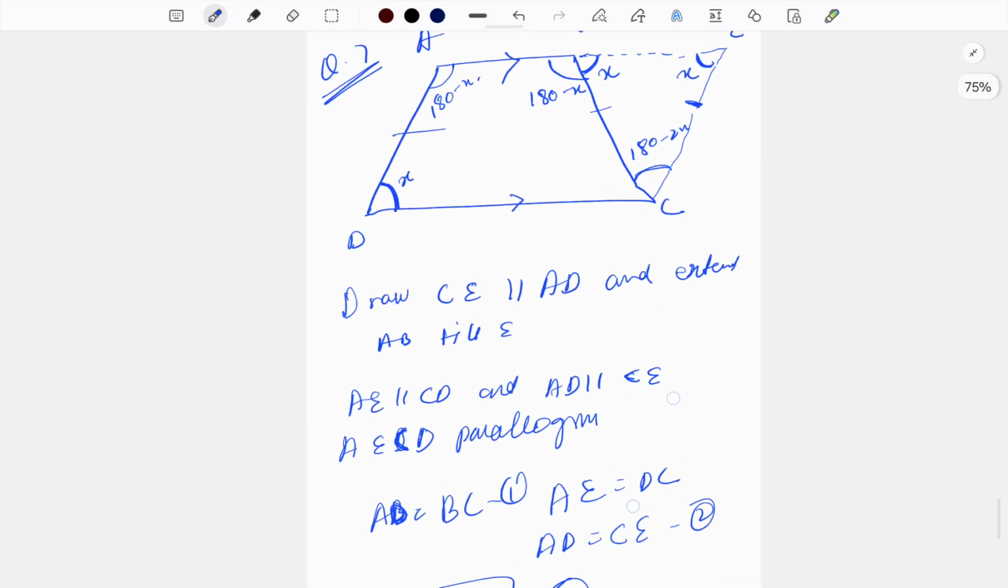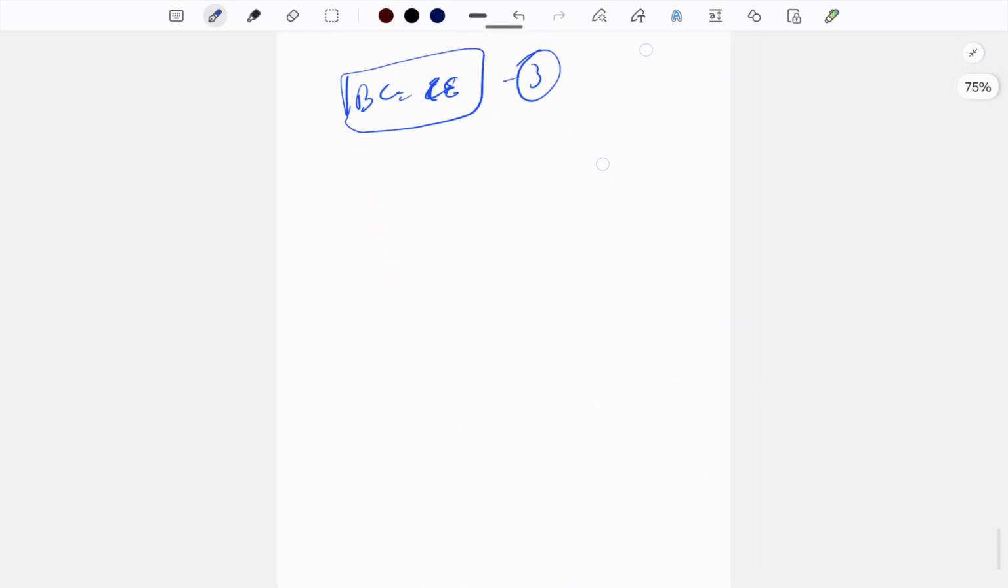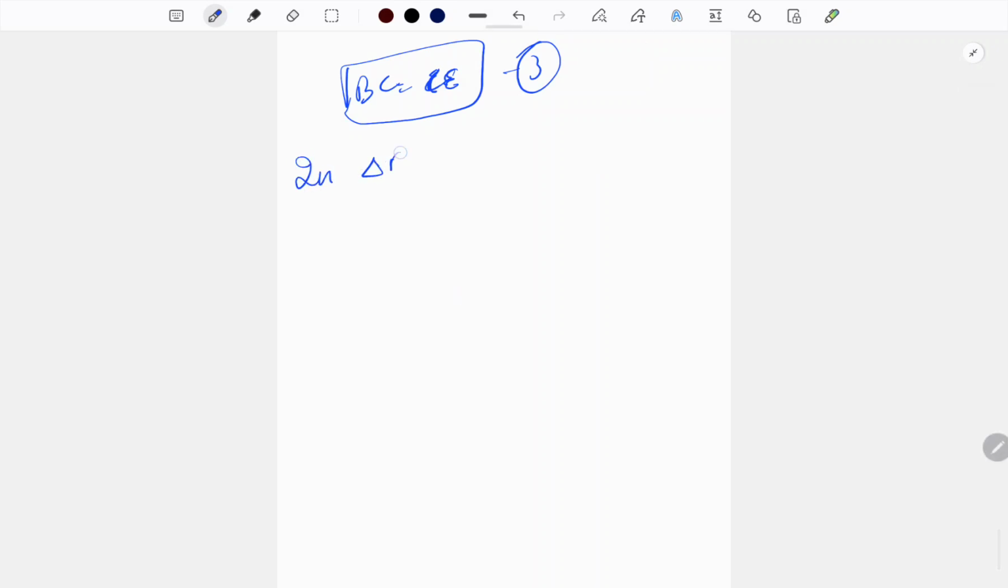In triangle BEC, angle EBC is equal to angle CEB, because triangle CEB is an isosceles triangle and CB is equal to CE. Okay, this angle was equal.